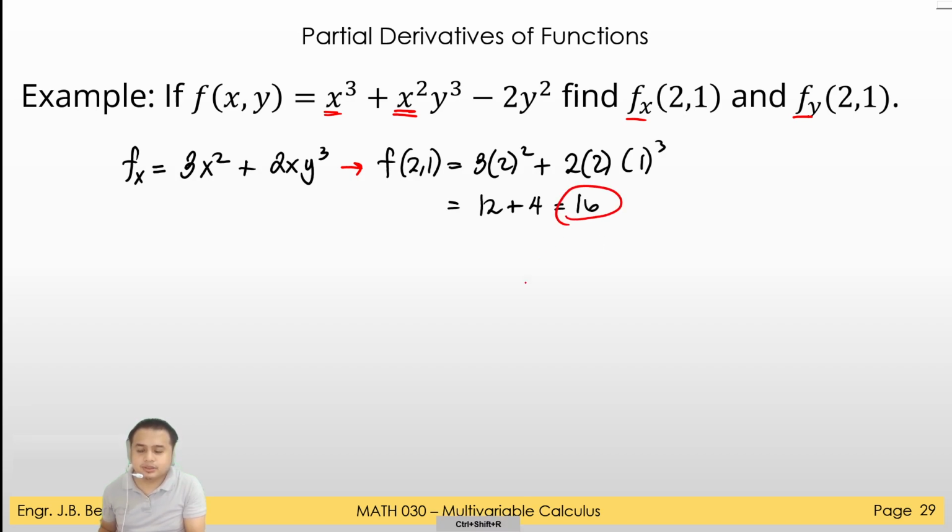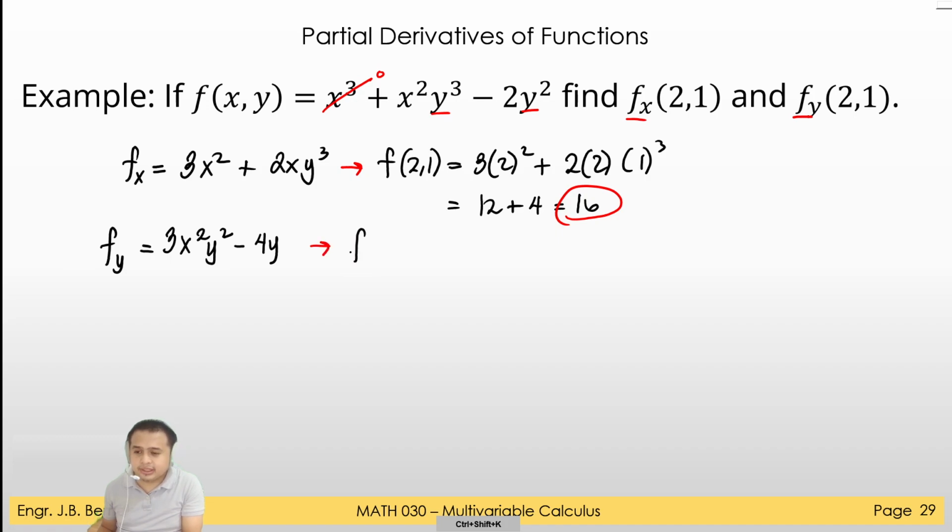Okay, so to find f sub y, which is the partial derivative with respect to y, we will now find the derivative of y cubed and y squared. This other term will be 0, since the derivative of a constant is 0. So we can start here. We have x squared, and the derivative of y cubed is 3y squared. I will just put the constant here. So 3y squared, and then minus 4y.